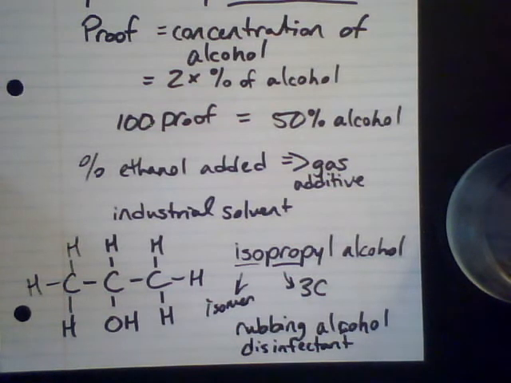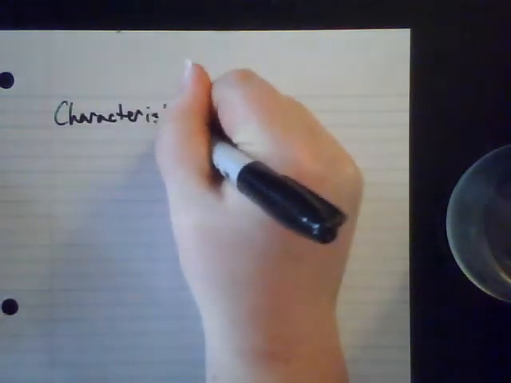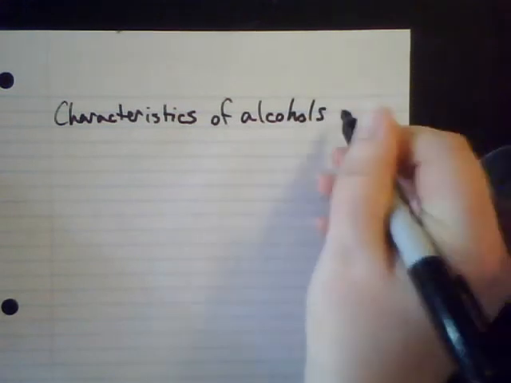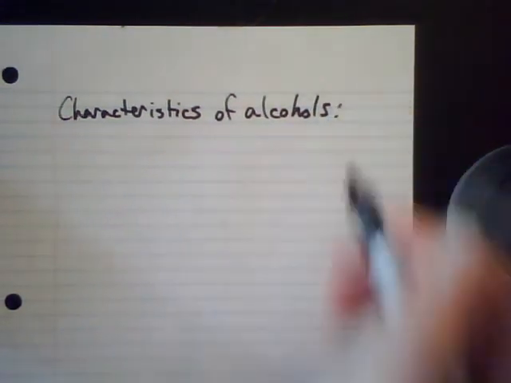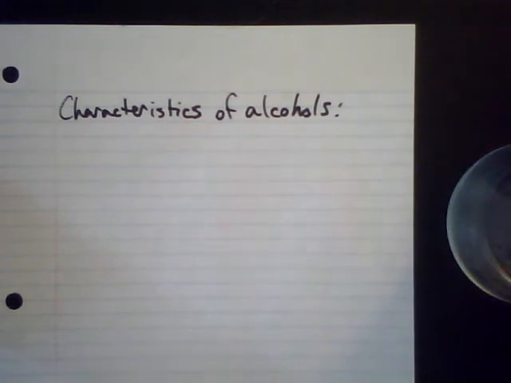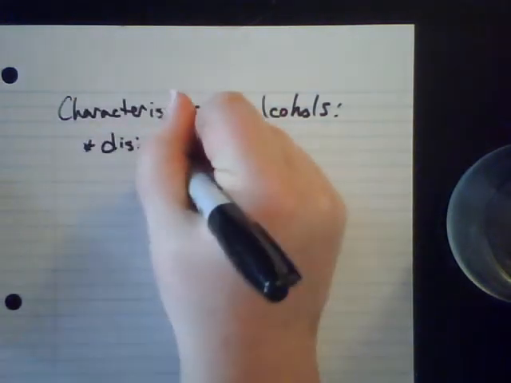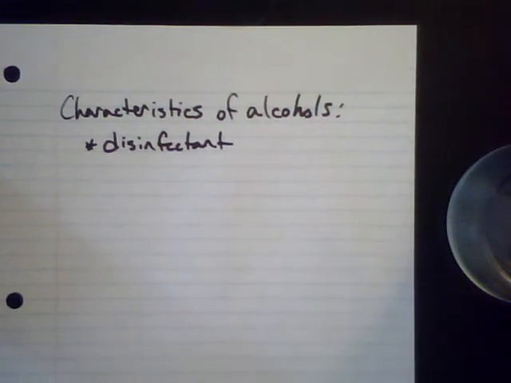So alcohols in general, if we're talking about characteristics, and again, we care about kind of what the characteristics are because when we add a hydroxyl group to a hydrocarbon, that's going to give it these characteristics. So some of these characteristics are the fact that it's a disinfectant, or an antibacterial type thing.